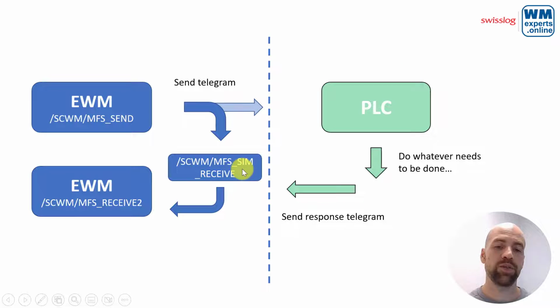And this function module is the one that creates a telegram as a response and sends this telegram to EWM and calls the same function module which would usually be called in case the telegram would come from the real subsystem. If you understood this concept, you already understood 95% of the EWM standard emulation.